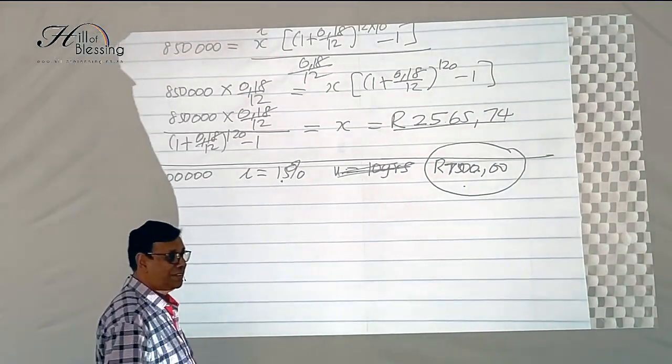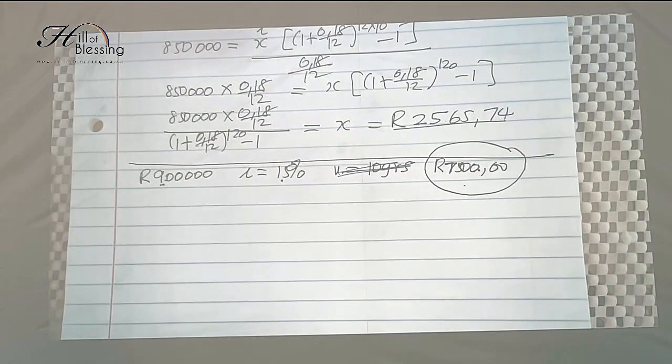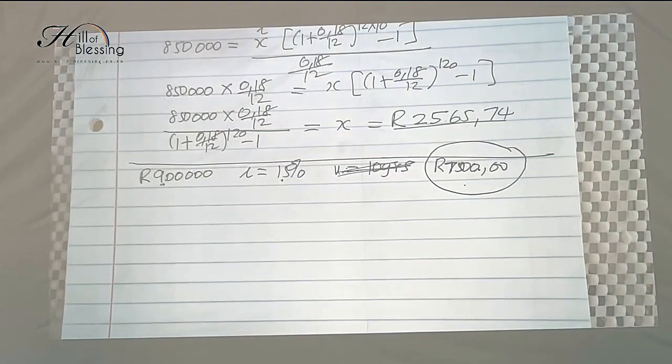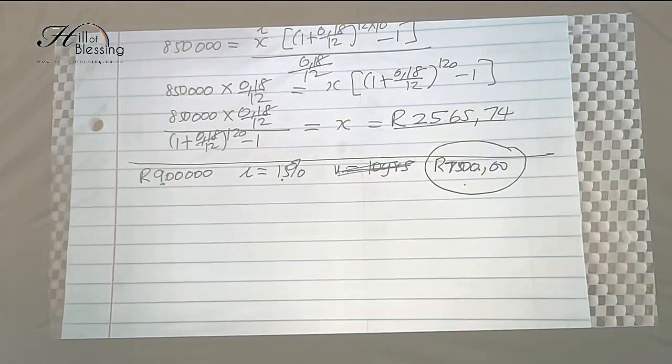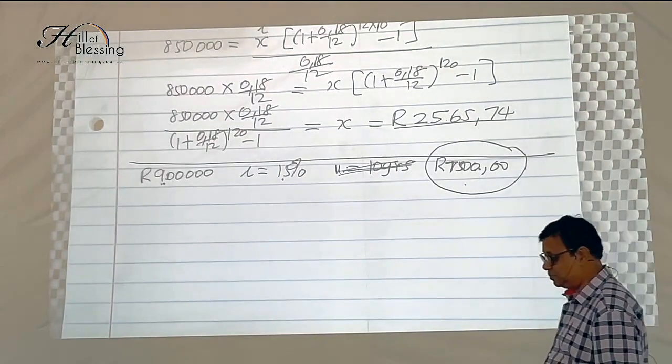Monthly. I asked the question, how many monthly payments of 7,500 rand do I need to earn 900,000 rand at an interest rate of 15% per annum? Now remember, it's an investment problem. So your first part is to use the investment formula.